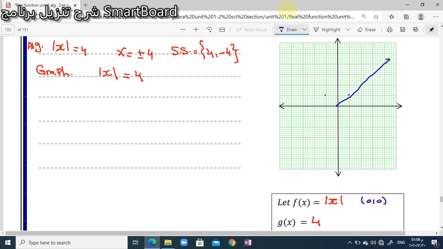I can use GeoGebra to draw. This is not the absolute value, this curve. The absolute value must be straight lines. And g of x equals 4 is a constant function.